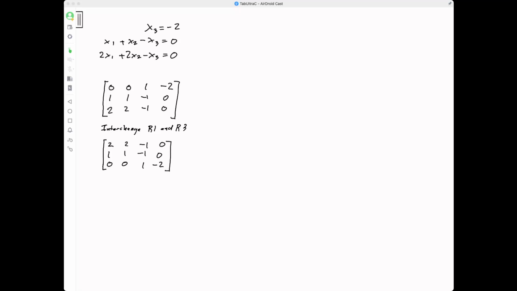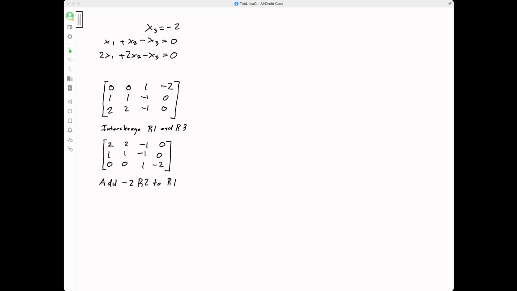Now I'm going to add negative 2 times row 2 to row 1. And the reason I'm doing this is I want to clear up as much as I can from the first row.